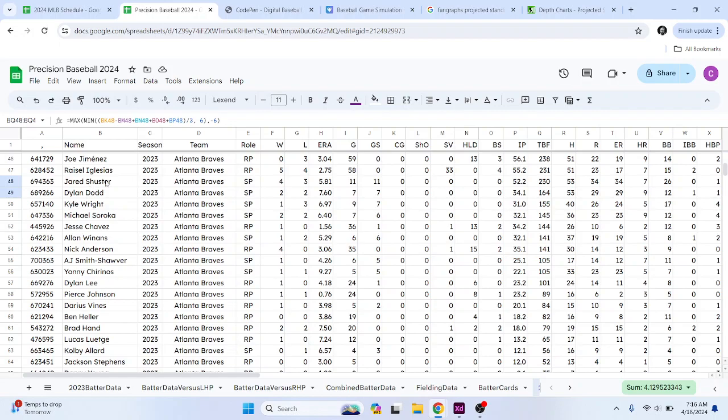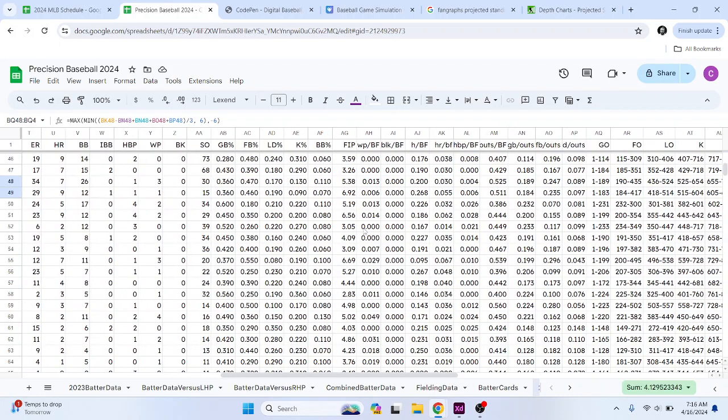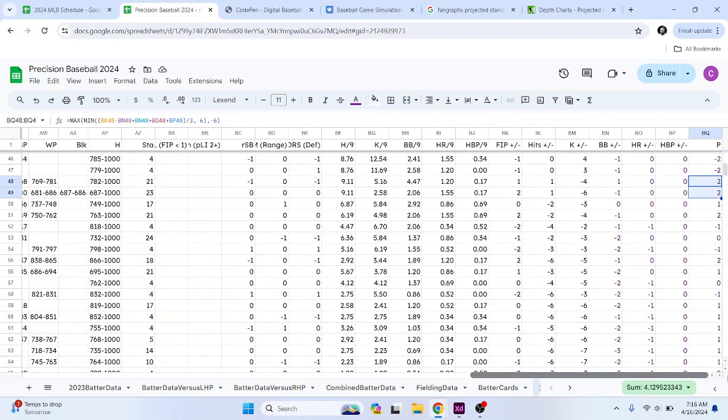You can see Jared Schuster and Dylan Dodd didn't pitch particularly well here. They didn't get a lot of innings, but they didn't pitch well, and you can see that reflected there. You can see it in their FIP numbers here, 5.38 and 6.92. Because they didn't pitch well, and because they have some positive numbers here and positive numbers here, they didn't have as many strikeouts even as the league average.